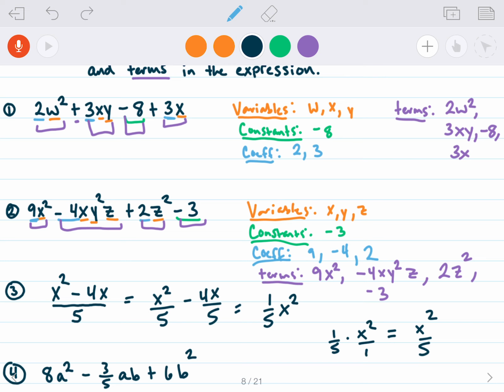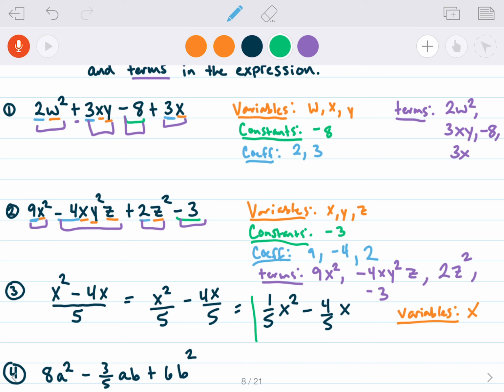Because then it's easy to see what the coefficient is. Here, not so much. The same logic applies to this one, which is just negative 4 over 5 times x. Now we can identify everything a little bit easier. As I said, the only variable we have is x.